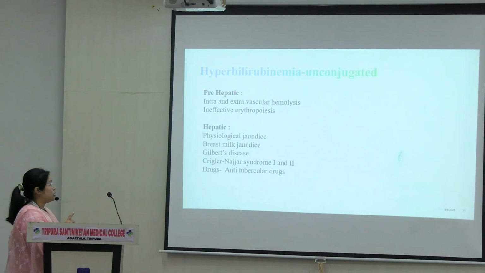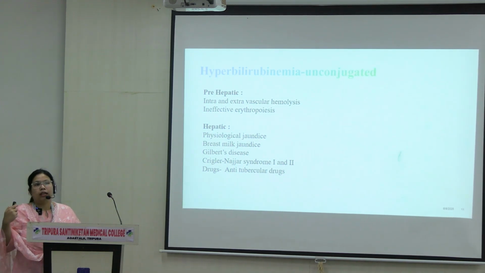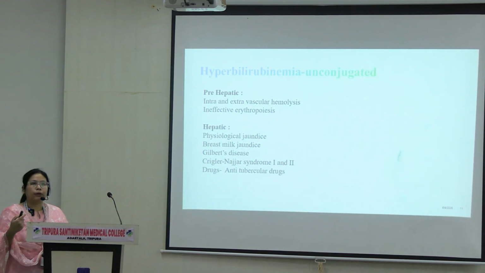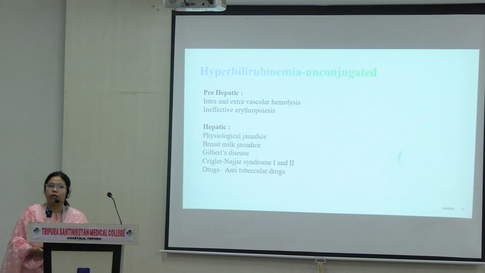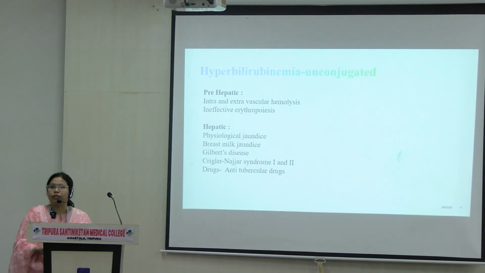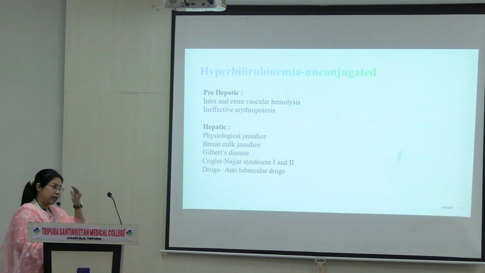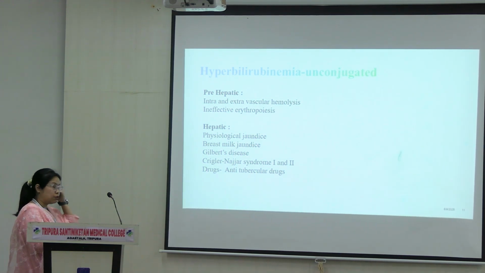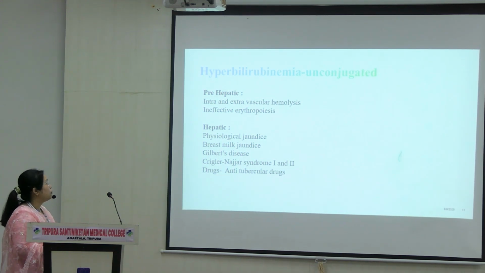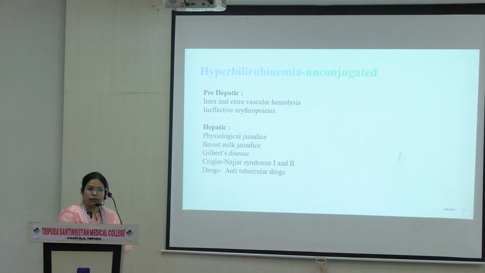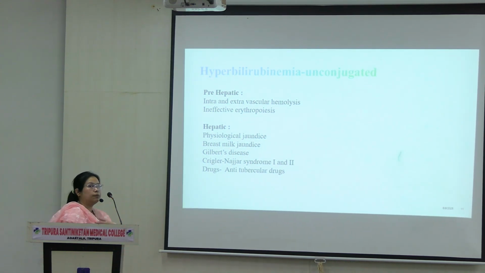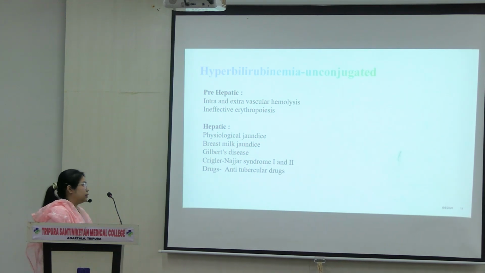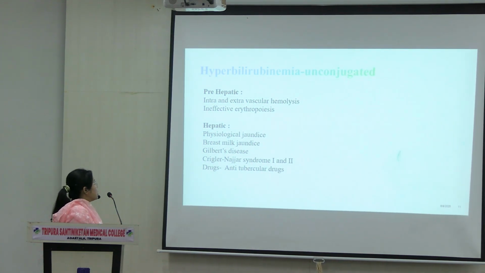So ineffective erythropoiesis, same thing. Erythropoiesis होगा नहीं, proper RBC बनेगा नहीं in the bone marrow. There will be immature RBC which will keep getting broken down and then release heme, and that gets broken down into bilirubin. Apart from that, we also have hepatic reasons. Liver के ही अपने reasons हैं जिसकी वजह से there is unconjugated bilirubin increment.